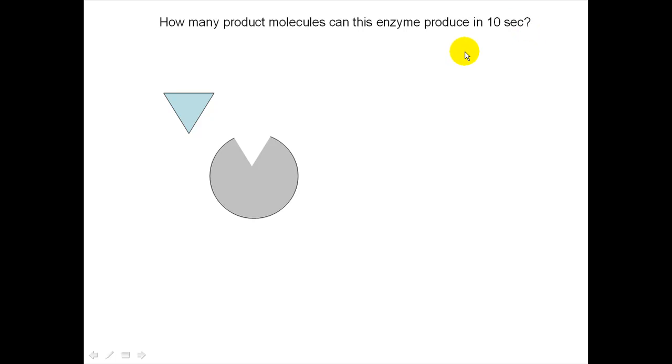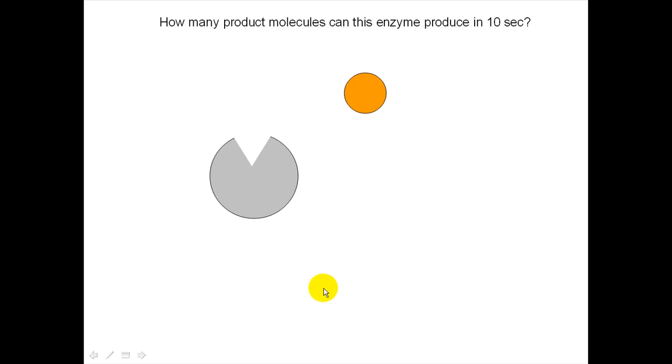Here we'll define reaction rate as the amount of product that's produced in 10 seconds. If you consider a reaction that involves one single enzyme molecule and one single substrate molecule, it might be reasonable to think that this enzyme can convert that one substrate into product within a 10-second period. So in this particular case, the reaction rate would be one product produced per 10 seconds.